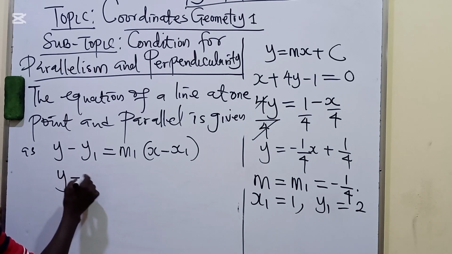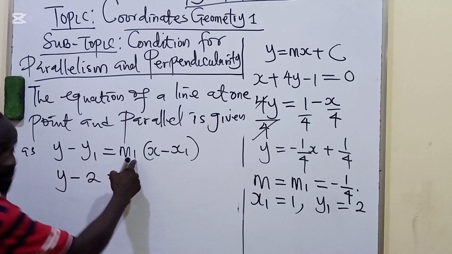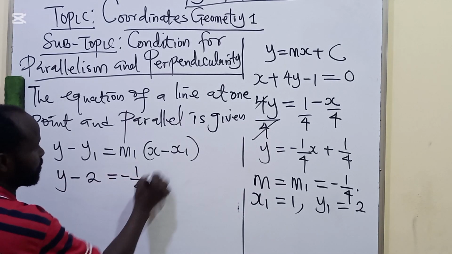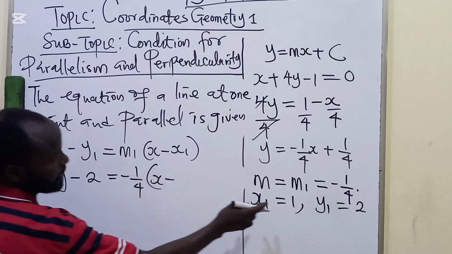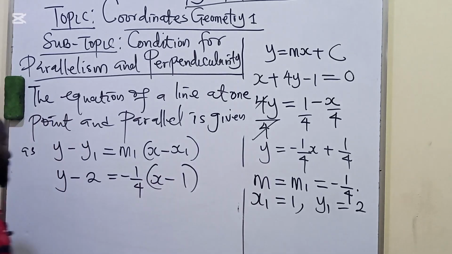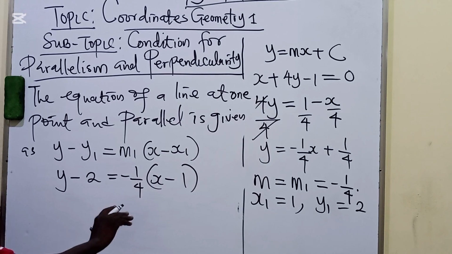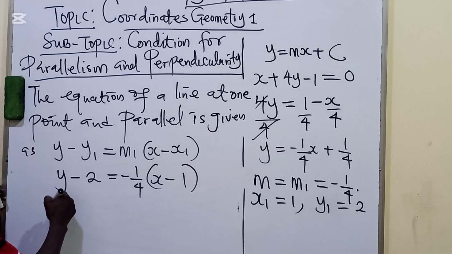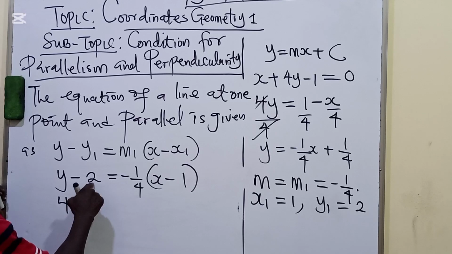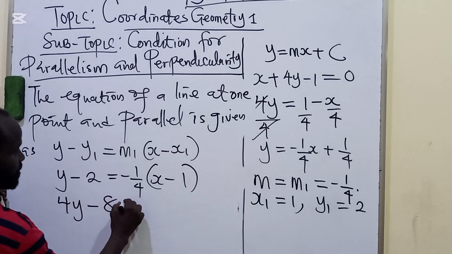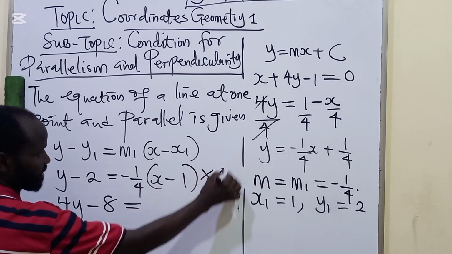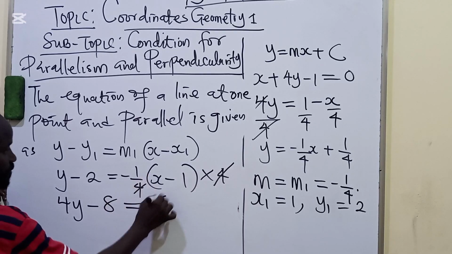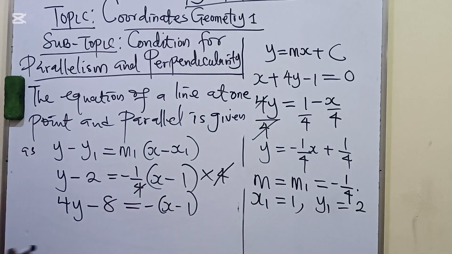y minus y1, which is 2, will be equal to m1, minus 1 over 4, into x minus x1, which is 1. The next thing for us to do is to clear this fraction. Let's multiply through by 4, which is the LCM. 4 times y is 4y, minus 4 times 2, that's 8, will be equal to, we multiply the whole of this by 4. This 4 will remove this, we're left with minus x into minus 1.